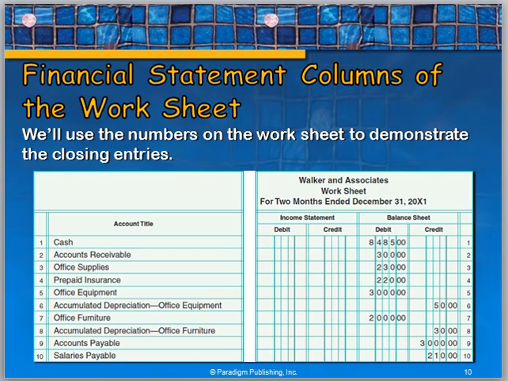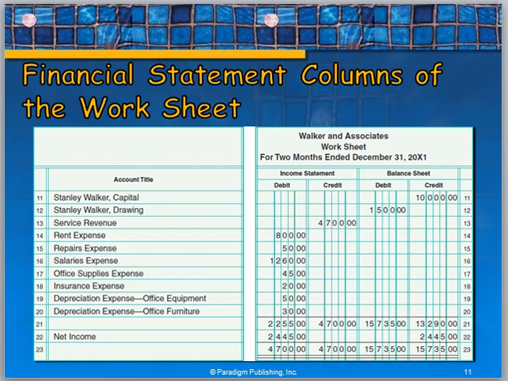And the reason is because all temporary account balances are shown together on a single page. Here you see we've got capital, drawing, service revenue, and our expense accounts. So those are all of the accounts together on one page.